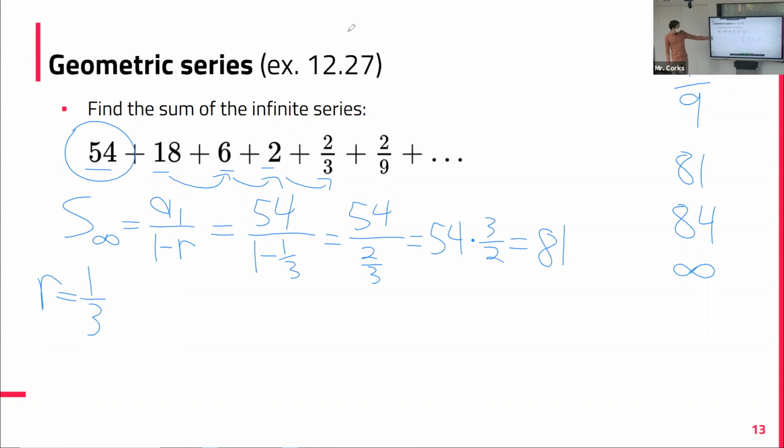So the infinite sum idea might be a little complicated, but if we understand the formula, then using the formula can be pretty quick. We only have 2 numbers to put into it, and it's a pretty quick calculation here.